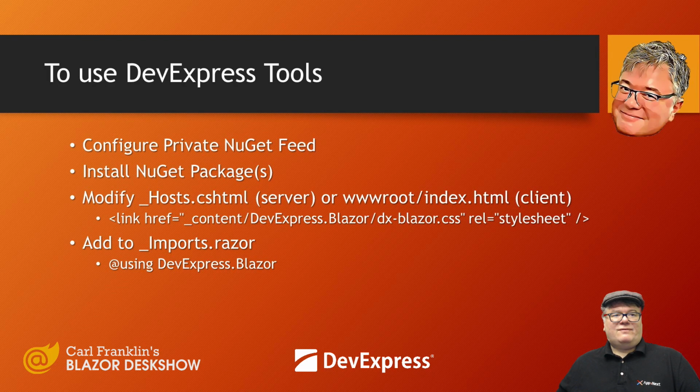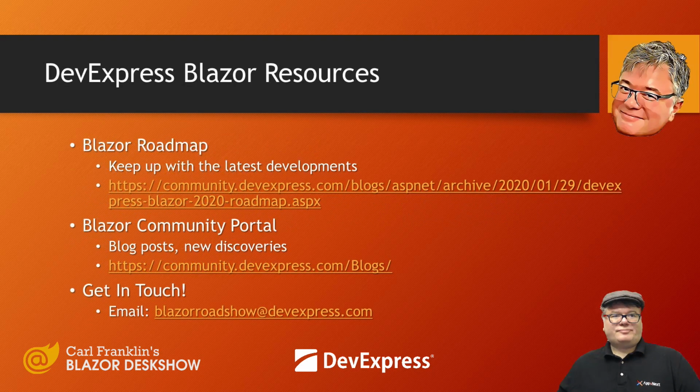You go to that NuGet feed, you install the NuGet package, and then you modify your HTML header to point to their CSS style sheet, and you add using DevExpress Blazor to your code, and then you're off to the races.